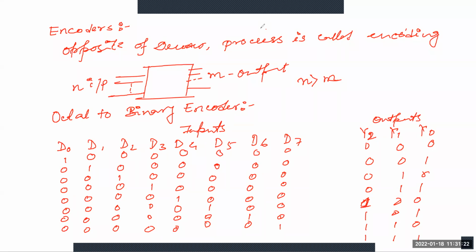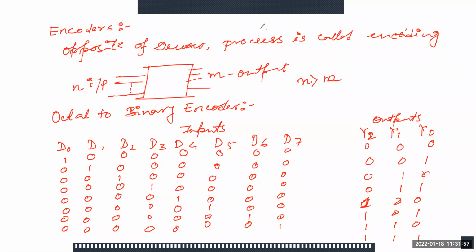So here, this is the truth table for the octal to binary encoder. A 3:8 decoder accepts the 3-bit input code and activates one of the 8 output lines corresponding to that particular code. And the octal to binary encoder performs the opposite function. Opposite function means it accepts the 8 inputs and produces the 3-bit output code corresponding to the activated input.